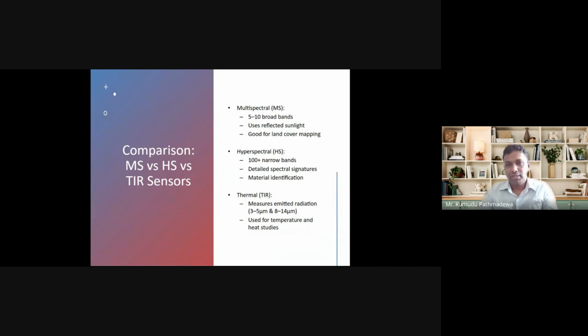Hyperspectral has 100 plus narrow bands that detect precise material properties, so it is suitable for mineral identification. Thermal infrared sensors measure emitted heat, used for temperature and water stress analysis.